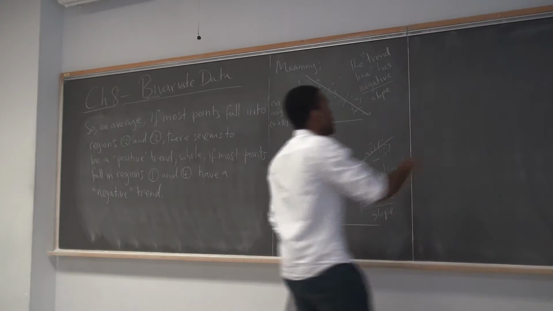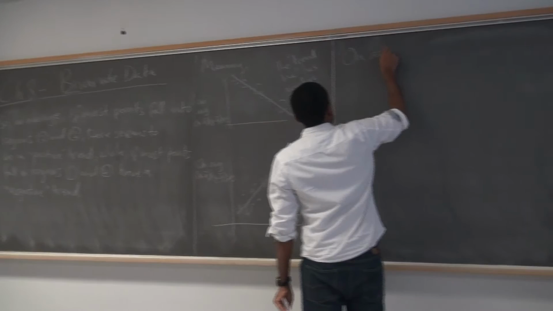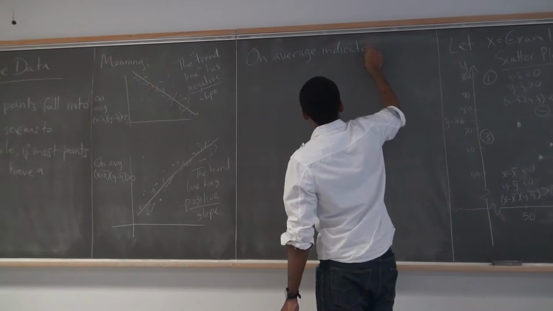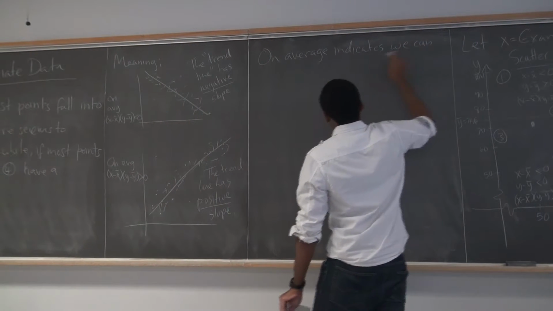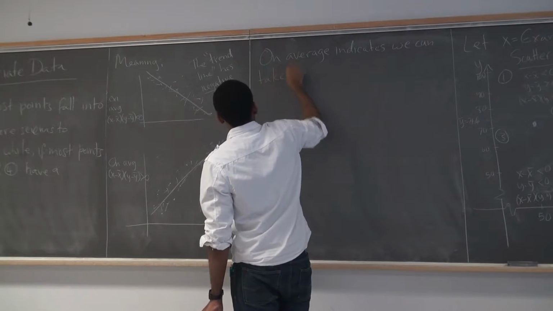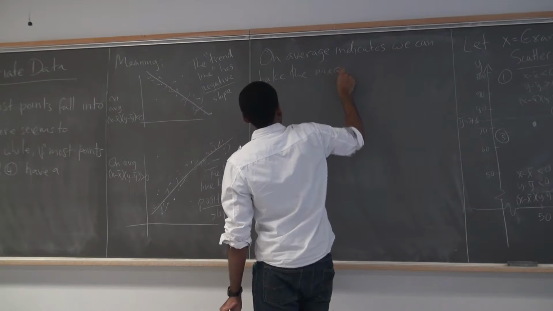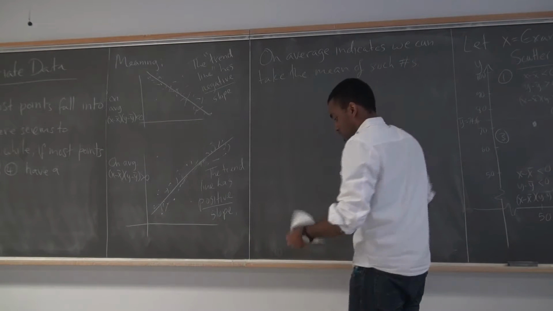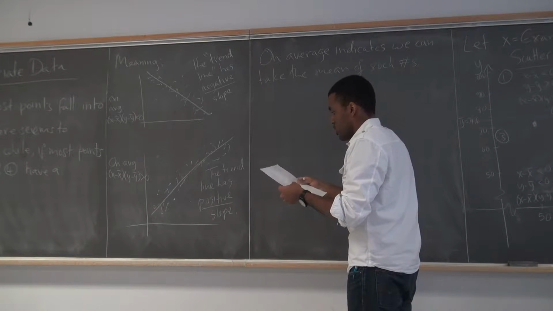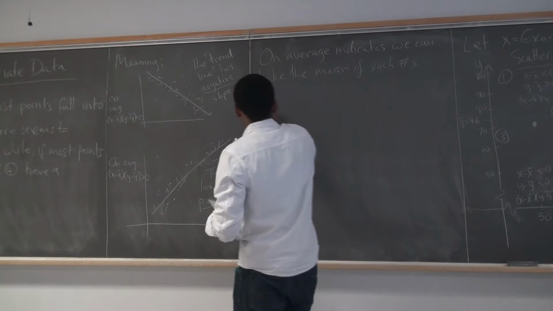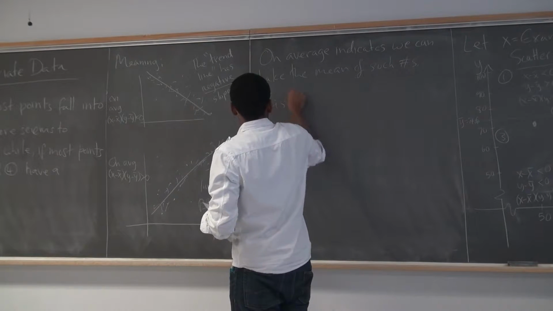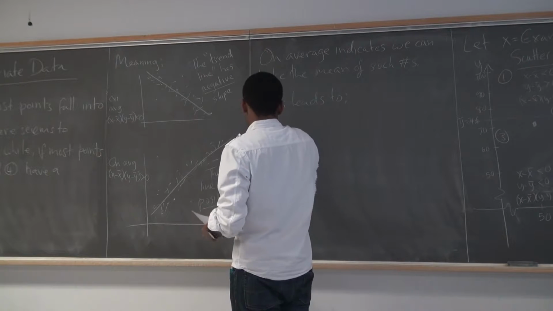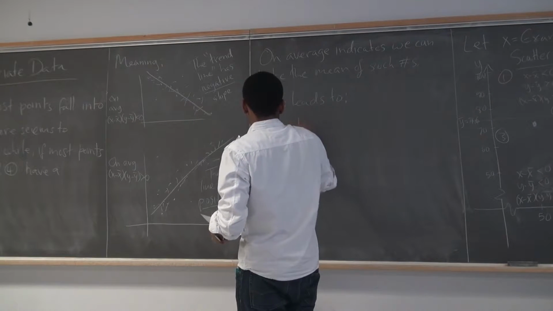Well, on average indicates we can take the mean of such numbers, which is going to lead us right into our first formula, that we shall call the correlation coefficient.